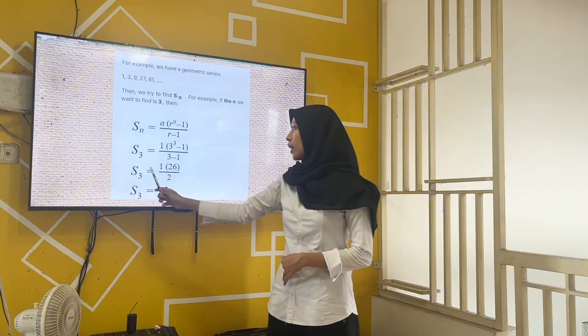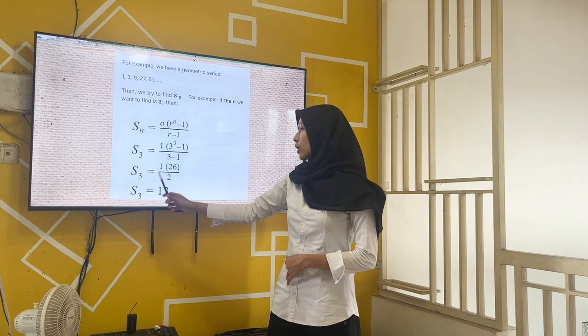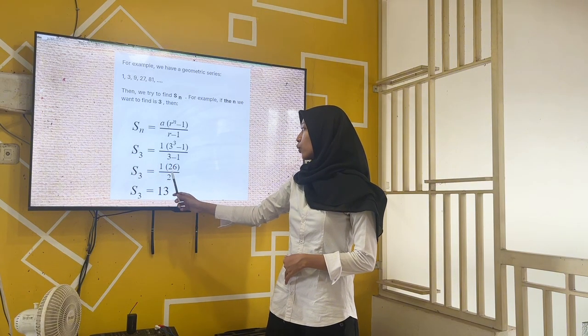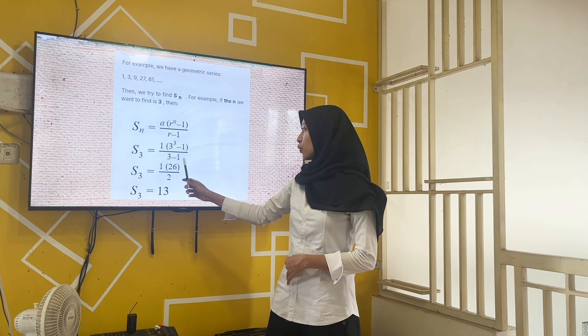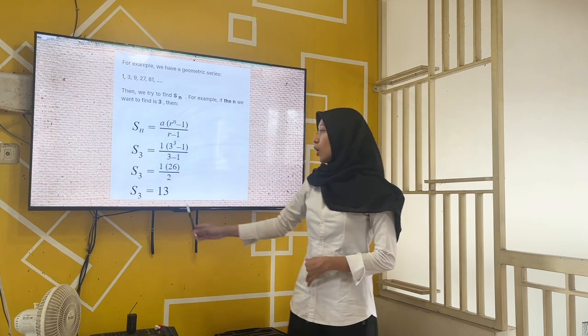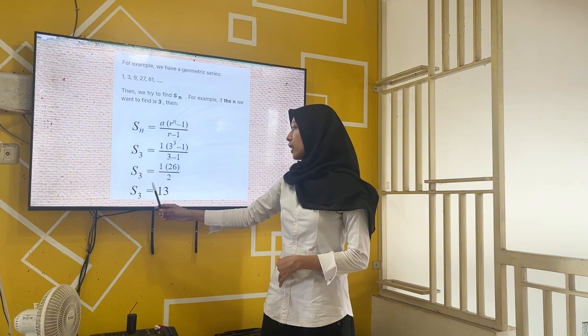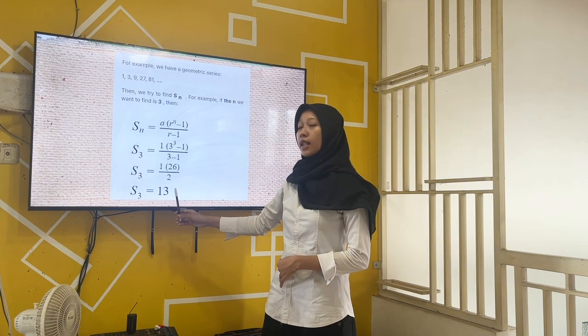So we have S sub 3 equals 1 times 26 divided by 3 minus 1, which is 2. So we get S sub 3 is 13.